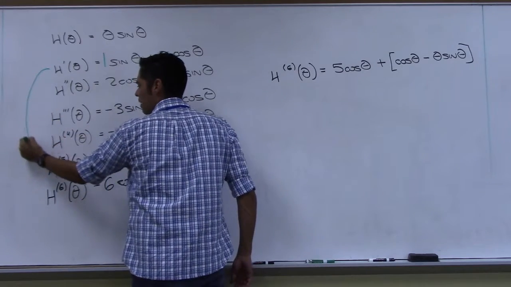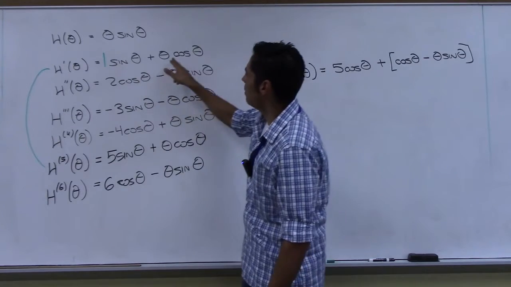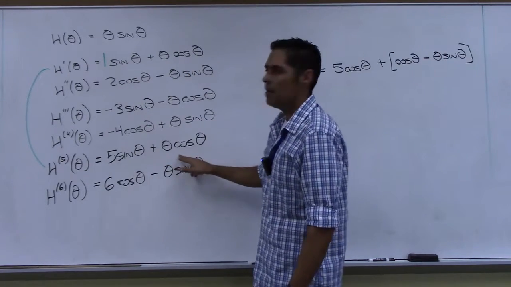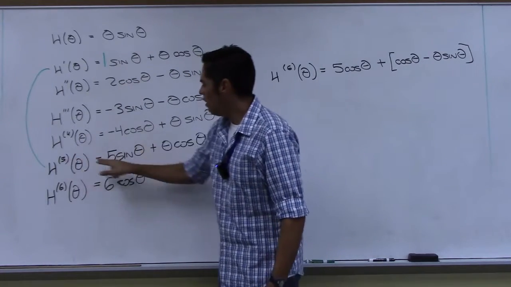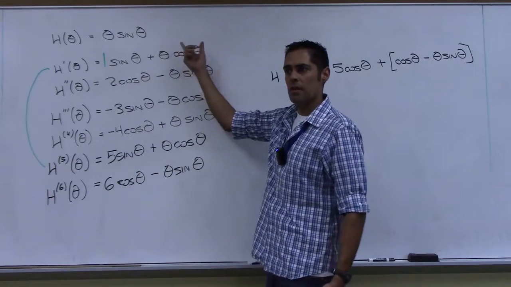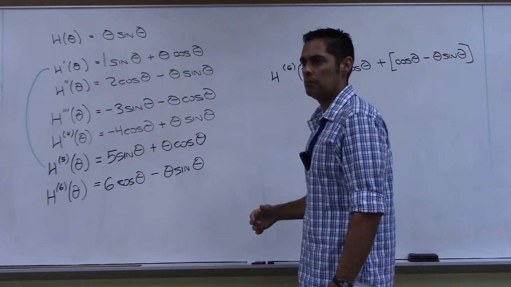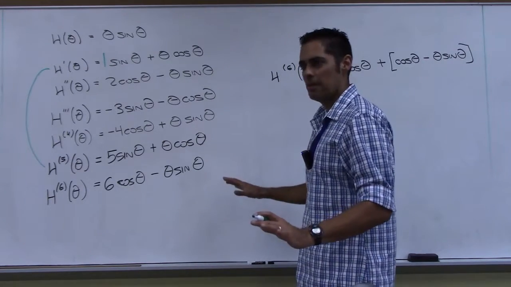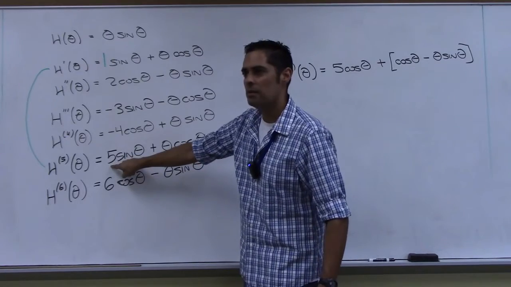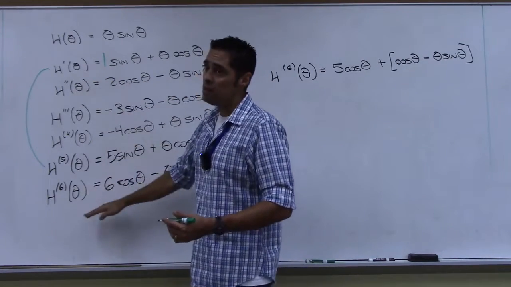The first one and the 5th one appear to do the same sort of thing, don't they? They're both positive, right? 5th power is 5 in front here, right? Cosine, or theta cosine, theta cosine. Everything matches. The only difference is the 5, right? Let's see, does the 2nd and the 6th one do the same thing?